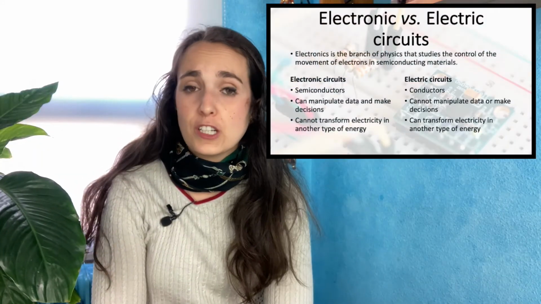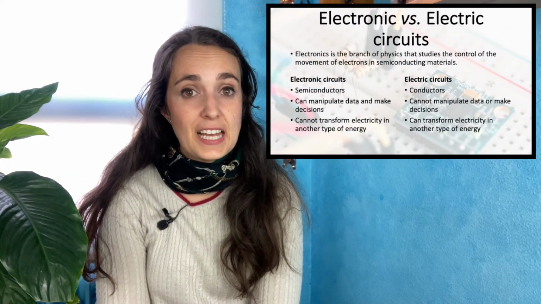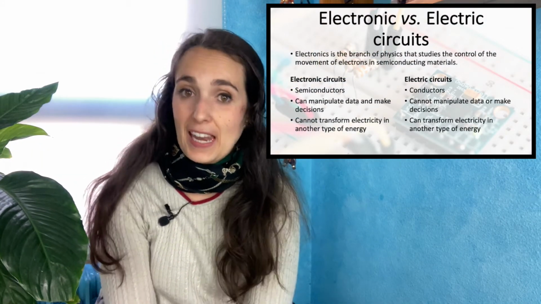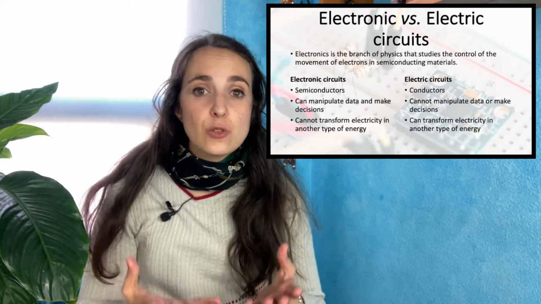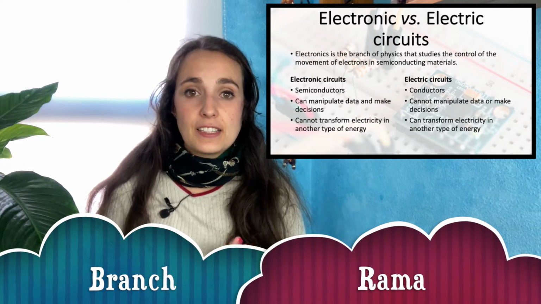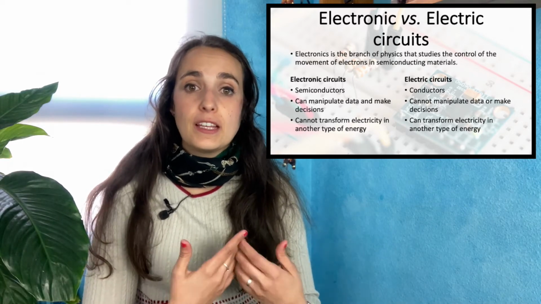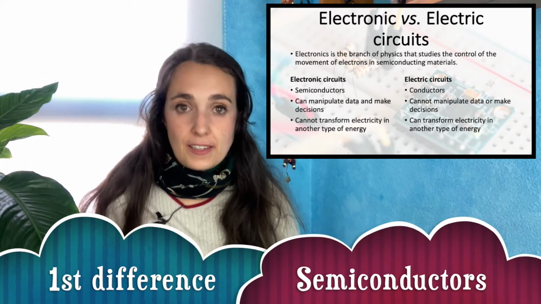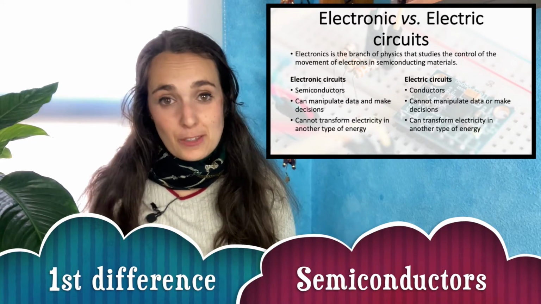So probably your first question is, what is electronics and what's the difference with electricity? The thing is, electronics is a branch of physics that studies the way electrons behave inside semiconductor materials. And what is a semiconductor material?